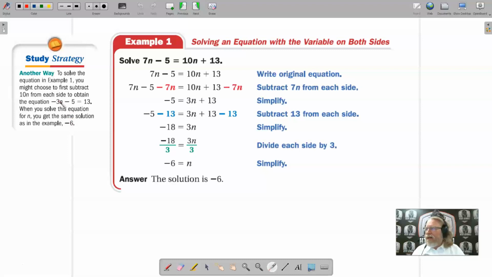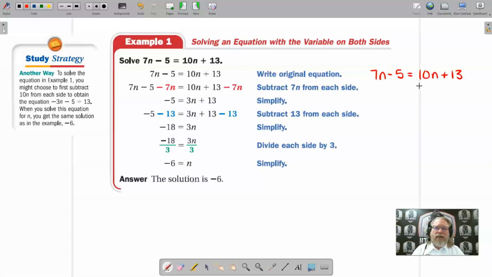Now, the thing about it is that I've always encouraged my students to try to end up with a positive coefficient for your variable whenever you do this, because what happens is, let's go ahead and work that out like they said. Let's do 7n minus 5 equals 10n plus 13.